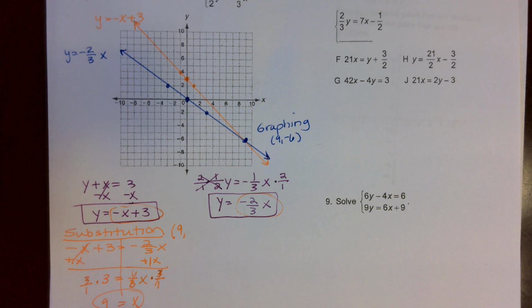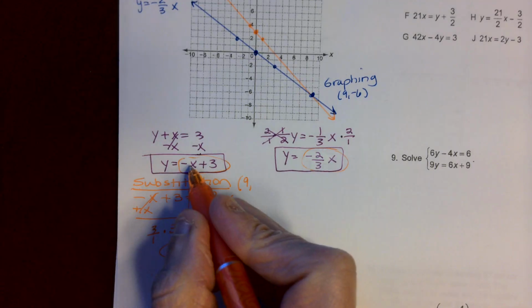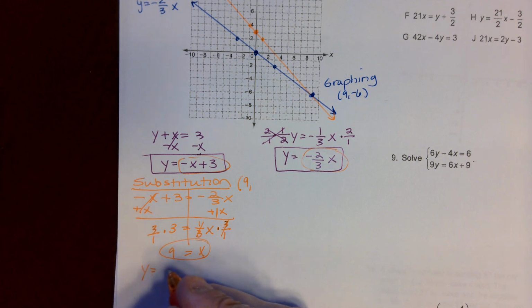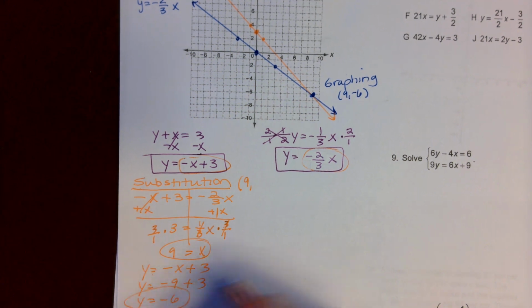So we have y plus 9 equals 3 minus 9. No, I'm lying. That's not simpler. I don't want to lead you astray here. Let's do it as I was saying, using this one. Y equals negative x plus 3. So y equals negative 9 plus 3, which is negative 6.